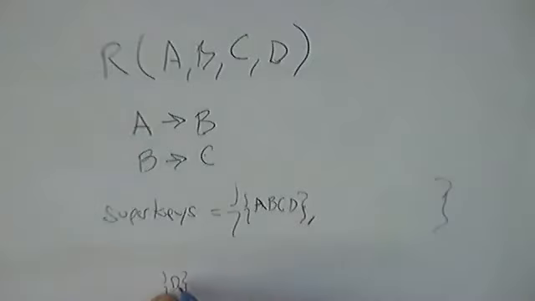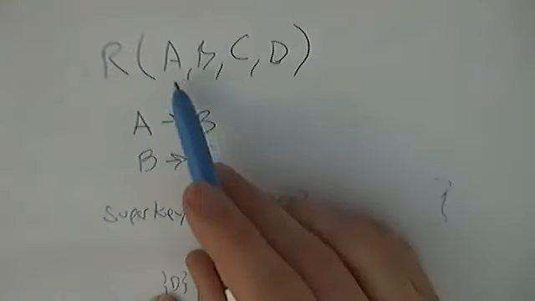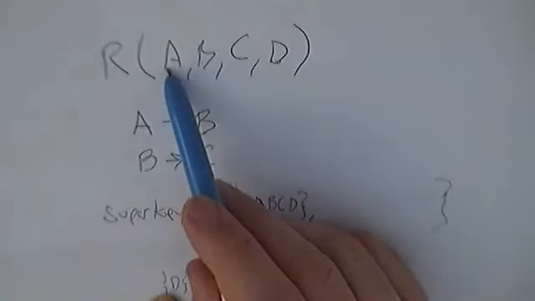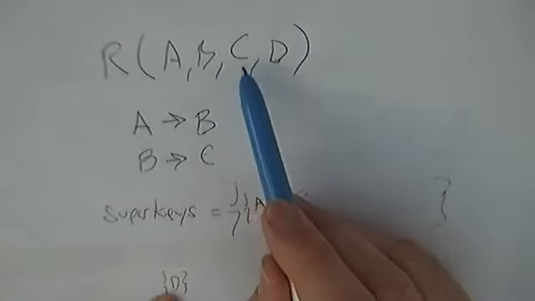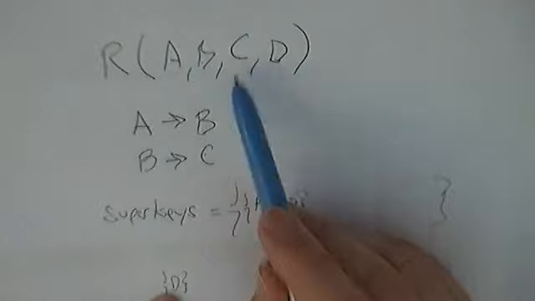Just given the color of your hair, just given brown, can I determine who you are? Can I determine all the other attributes? That is, what is your person number? What is your email? Anyways.